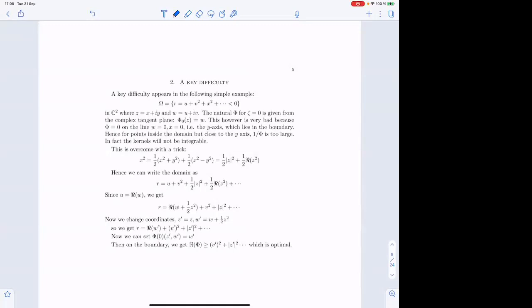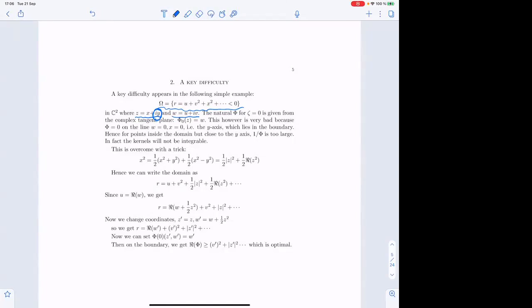Now I mention a key difficulty, which I will be using later in the talk. You take the simplest possible example. It looks like omega is sort of like a ball, but you notice that z is x plus iy, w is u plus iv, but the y does not appear in this formula.